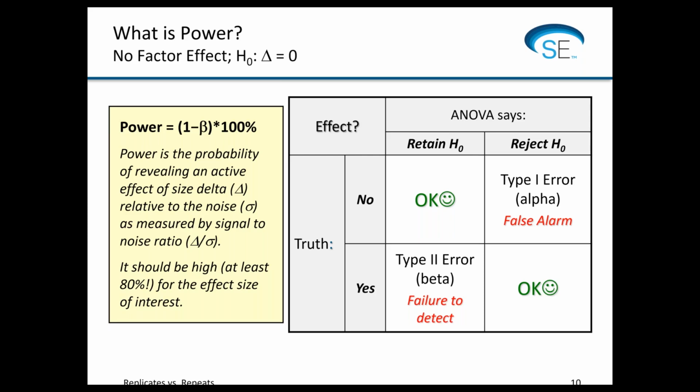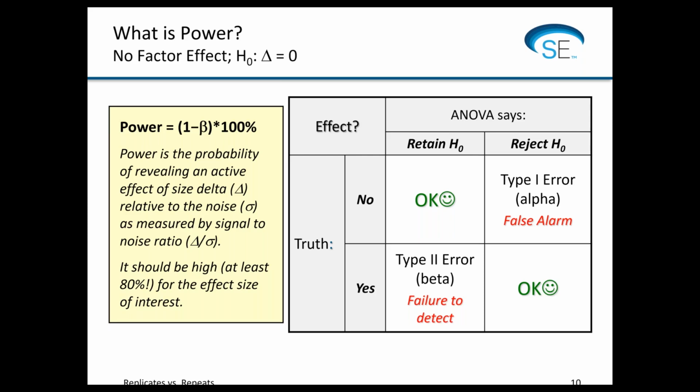So delta is the size of the change that I see when I go from a low level of a factor to a high level of a factor. And then what we do is we compare that size of the change we measure to the noise. And so the noise we capture through the experiment through residual error and pure error. And then the larger that signal is to the noise, the more certain I am that the signal's real.